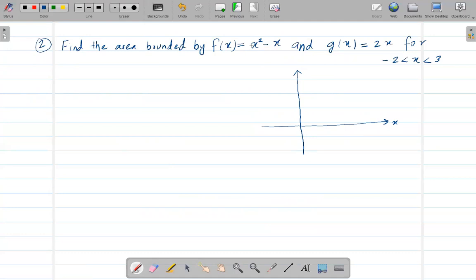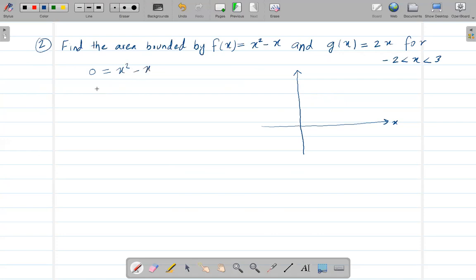Here the coefficient of x squared is positive, so it will be concave up, right? Concave up, and now I need to find the x-intercept points. Again, if I consider y equals 0, I can find the x-intercepts, right?